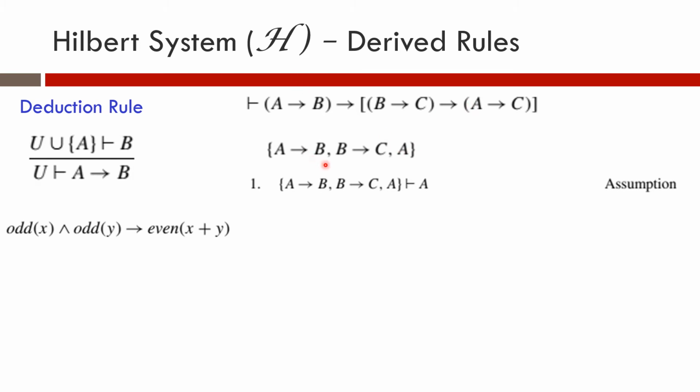So for any formula from this set, we can say that from this set of formulas we can prove that particular formula, and that will be our assumption. So from this set of three formulas, A is provable, and that is an assumption. On the right hand side, we will write whichever axiom or theorem we use to prove the formulas in the steps. This particular step is an assumption, so we write assumption here.